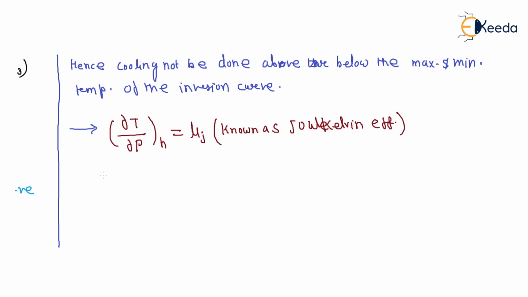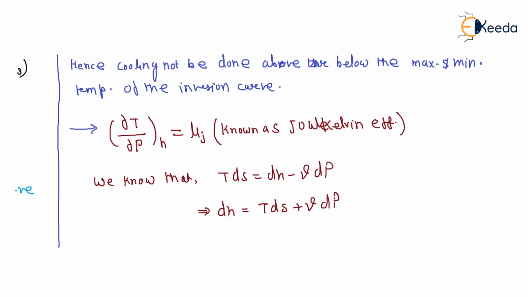So if you derive the expression a little bit, we know that TdS is equal to dH minus VdP, right? So dH is equal to TdS plus VdP, and this is for a reversible process.